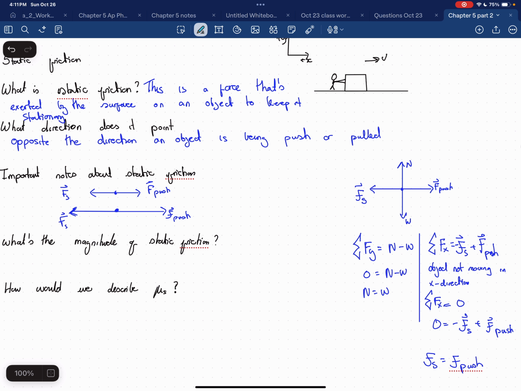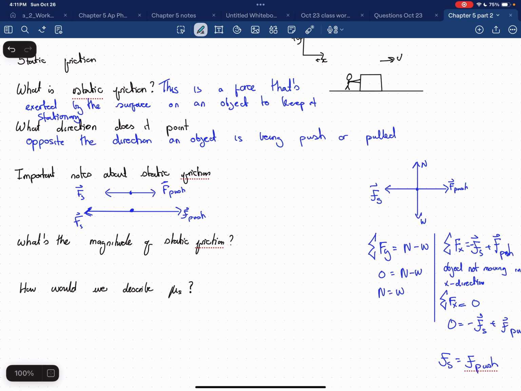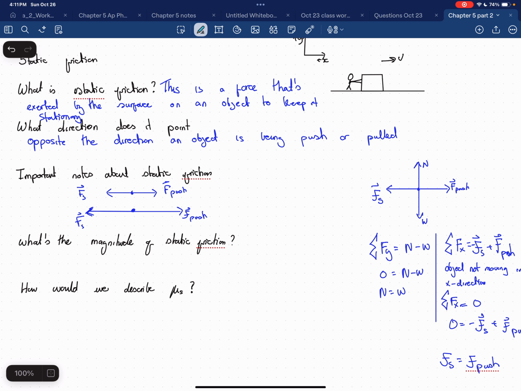Just like I showed you in the important notes, that's the behavior of static friction. Now let's answer the question: what's really the magnitude of static friction? Imagine if static friction adjusted to every possible weight. It's really not the case.